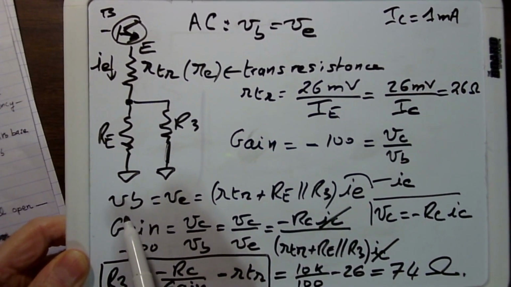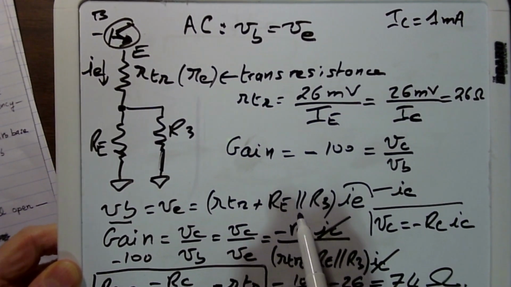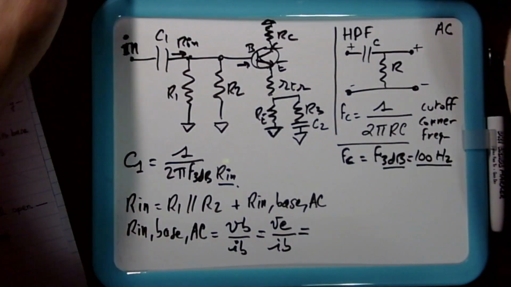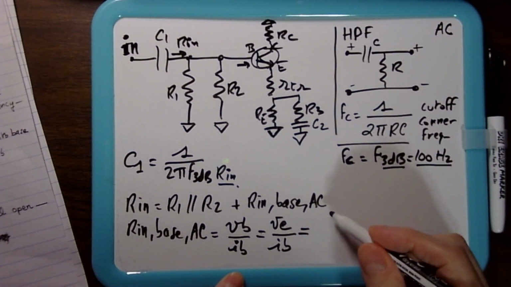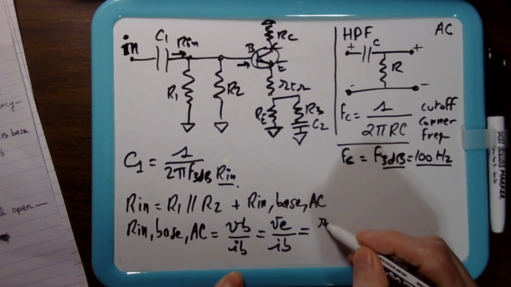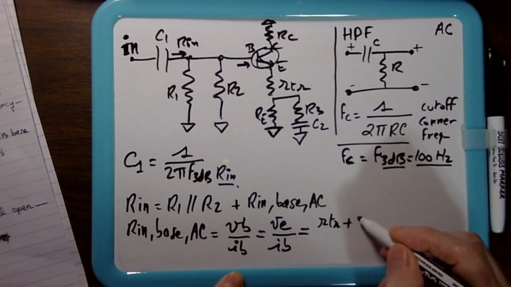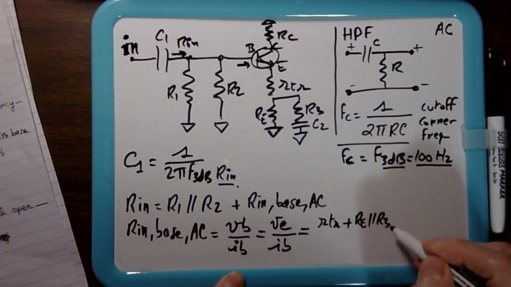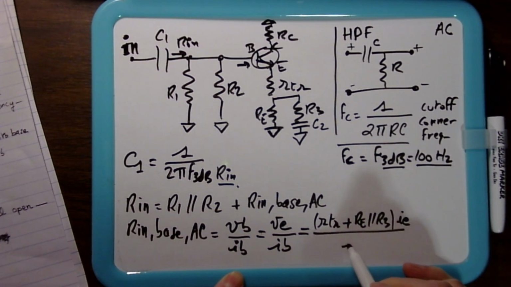Okay, VB equal RTR plus RE in parallel with R3 times IE or IC. So it's RTR plus RE parallel with R3 times IE divided by IB.